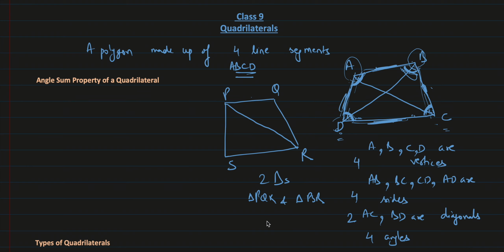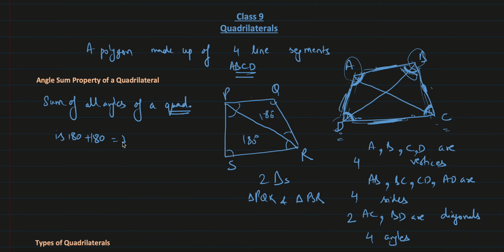We all know the sum of all angles of a triangle is how much? 180 degrees. The sum of all angles of this triangle is also 180 degrees. So from this, can I say that the sum of all angles of a quadrilateral is 180 plus 180, which equals 360 degrees, because it is made up of 2 triangles.